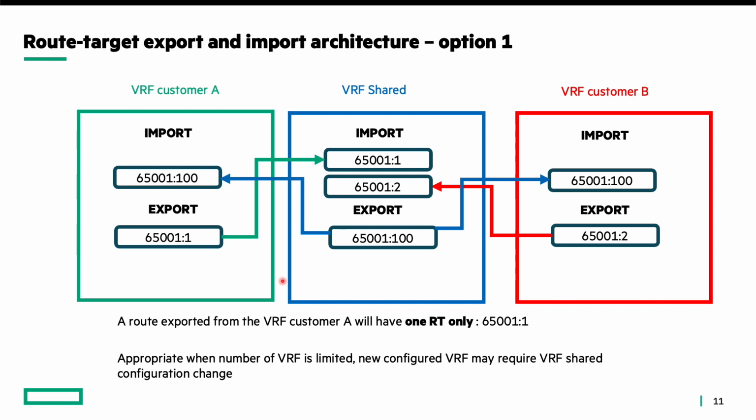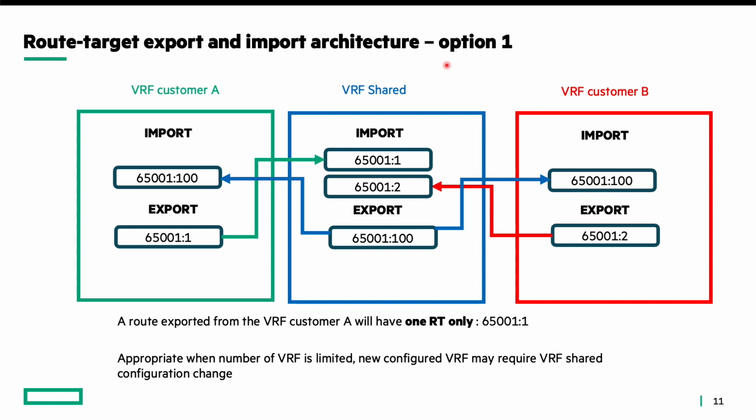Now, how will you configure this route target information? Basically, we have two main ways to do this configuration. I took this example of 3 VRFs: customer A has a green VRF, customer B has a white VRF, and there is a shared, blue VRF.